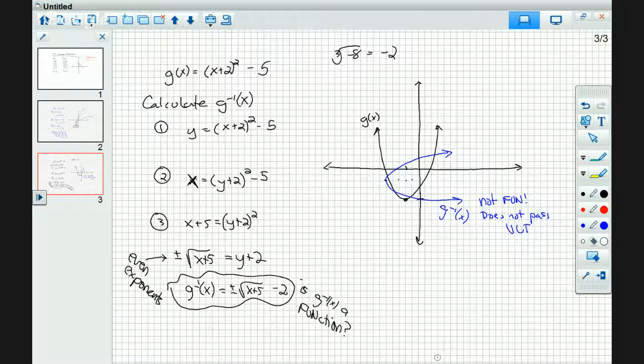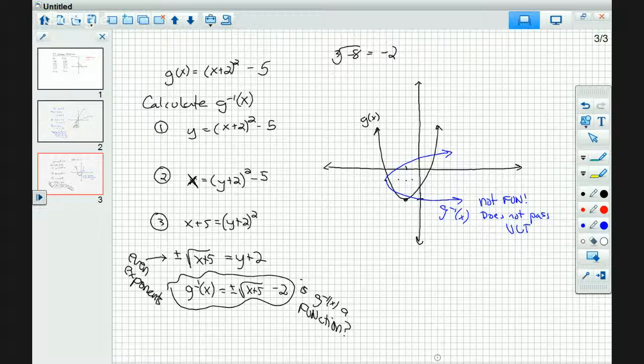Okay, so it's not a function. Can you look at the original without the inverse and tell me if the inverse is a function or not? If you don't picture the inverse, if I just have the black, can I say yes or no, the inverse is a function?